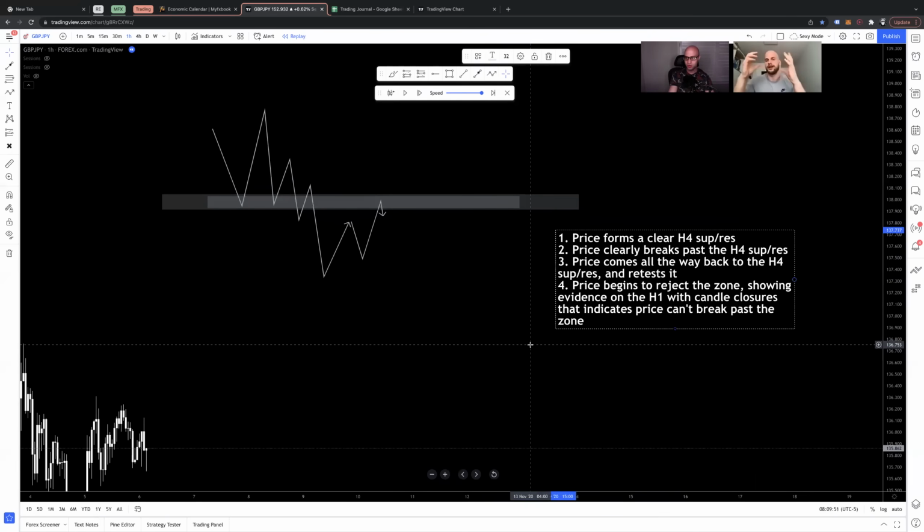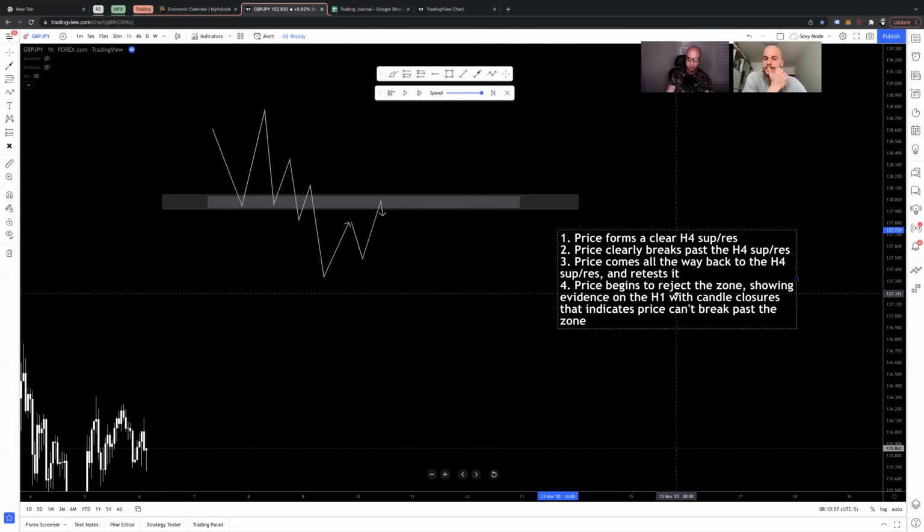A pin bar is a huge wick on the top that closes and goes lower. Yeah, so you already have it. It's any of those things. It doesn't have to be anything specific.